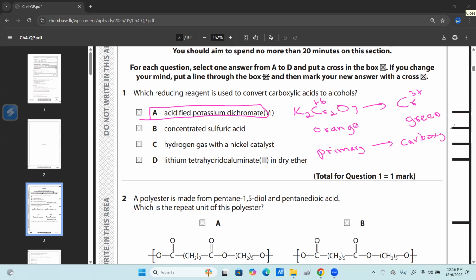So this is a redox reaction where the reduction of the dichromate happens and the oxidation of the alcohol takes place. Concentrated sulfuric acid we can't use for that. These are wrong. They are used for different purposes, not to oxidize an alcohol.